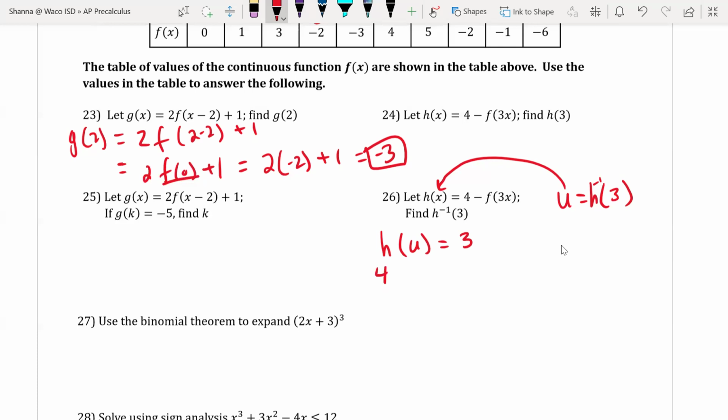So that gives us 4 minus F of 3U equals 3. And we're going to subtract 4. That gives me negative F of 3U equals negative 1. Turn it into a positive 1. So we get F of 3U equals 1.